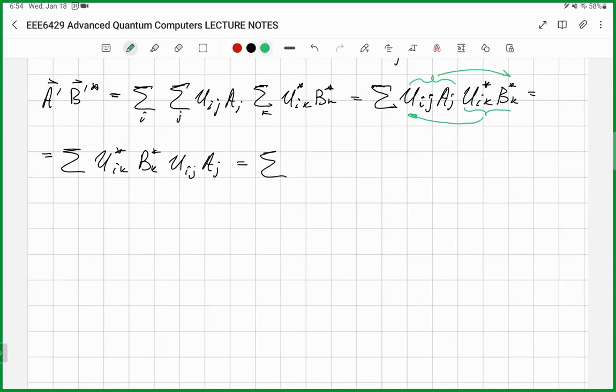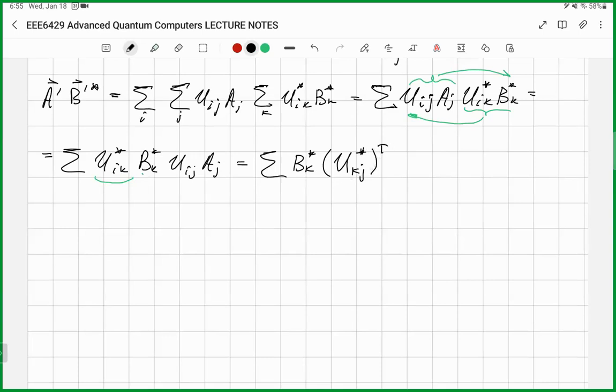So now let's look at this operator, this matrix U_ik. I can exchange the position of B and U by taking the transpose of the matrix U_ik. So I can rewrite this as B_k complex conjugated, this is the vector here, and then times U_kj complex conjugated transposed.